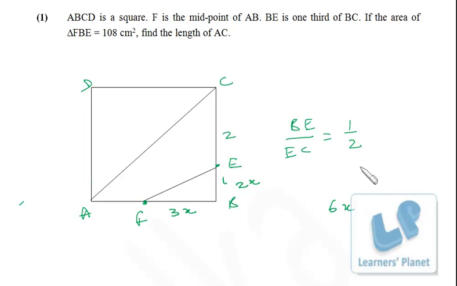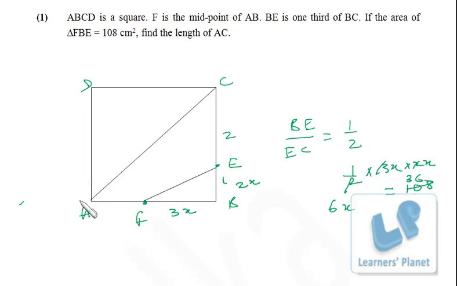FBE is 108. So half of 3x into 2x is equal to 108. So x square is 36, that means x is equal to 6.